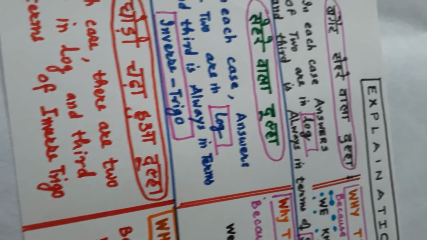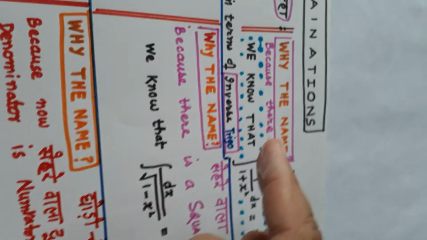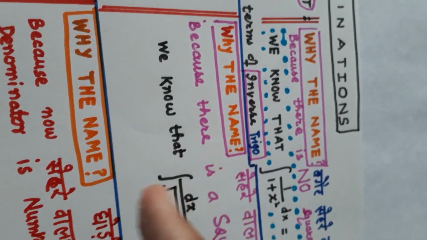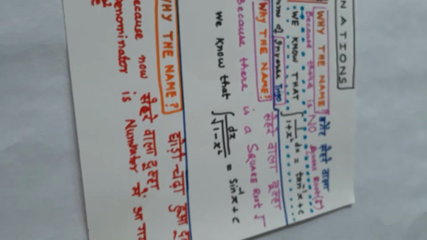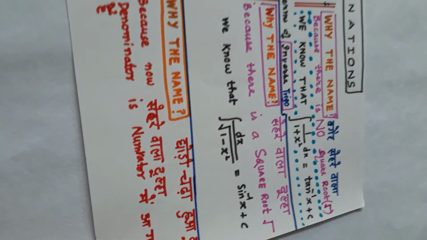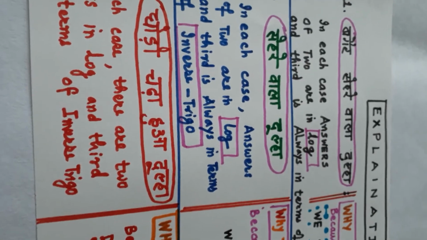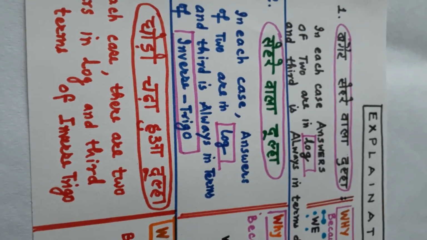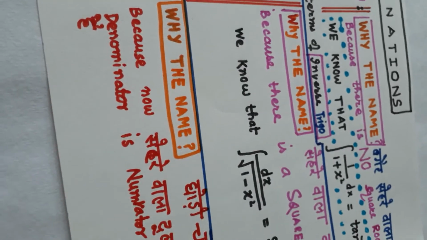In all cases, bagair sehra wala dula, sehra wala dula, ghode par chada hua dula. Why this name is there is given in this video. You can go through my videos and you will come to know what the explanations are and why the names have been given.